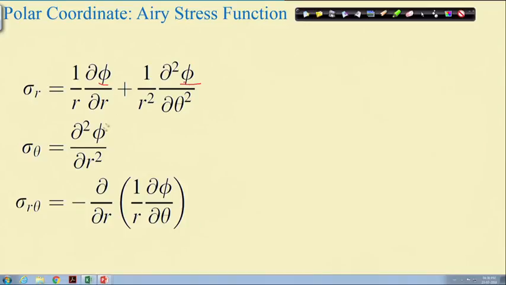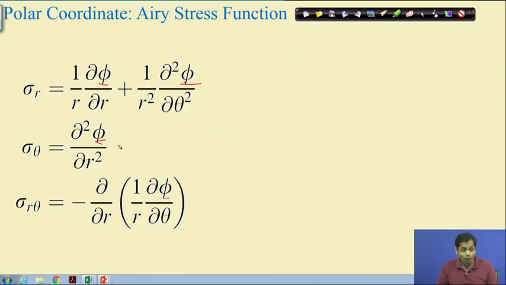Now, these are the definitions of the Airy stress function. Phi is the Airy stress function, and it is related to the different components of stress like this. Once you do that exercise, you substitute all these components of stress in the equilibrium equation and check whether the equilibrium equations are satisfied or not.